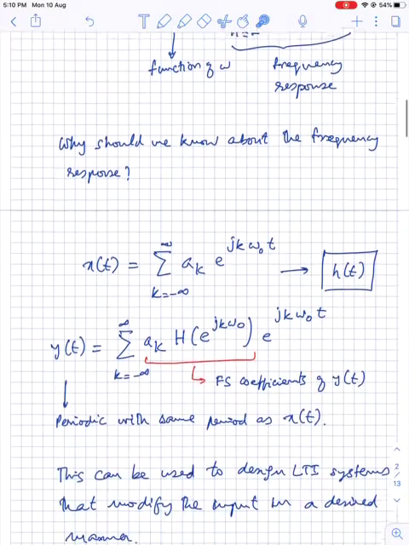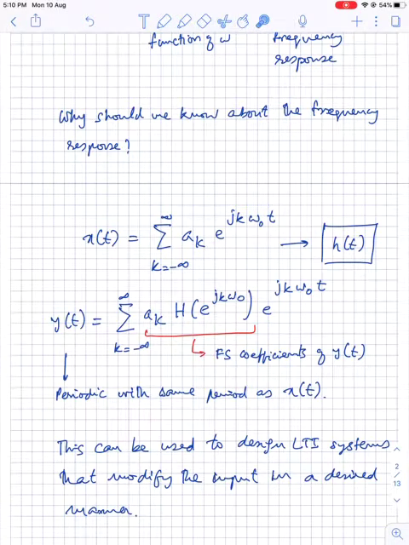That is where the real power of the Fourier series representation comes. Now suppose x of t is a periodic function, and suppose it can be represented by a Fourier series. And now we pass it into an LTI system h of t. Now we know that x of t is represented as a linear combination of complex exponentials.